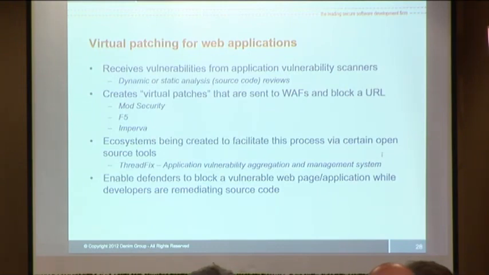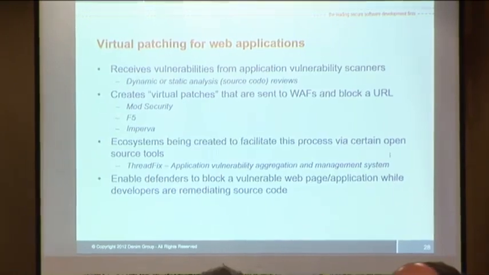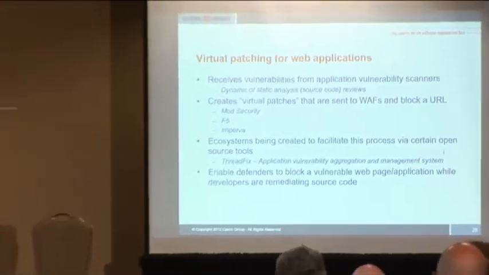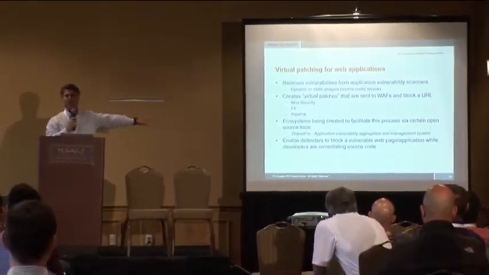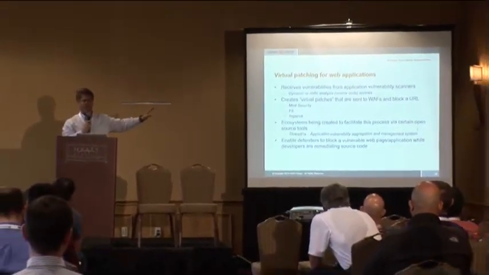ModSecurity, F5 and Imperva do this. I think the WhiteHat guys push vulnerability reporting to these, and I think Veracode does that. Denim Group released an open source tool called ThreadFix that allows you to import from these tools as well. If you follow the DevOps stuff being discussed in other sessions, this is getting towards that near real-time world.